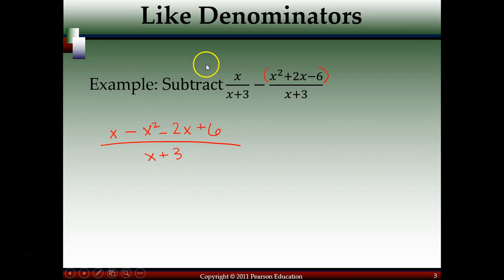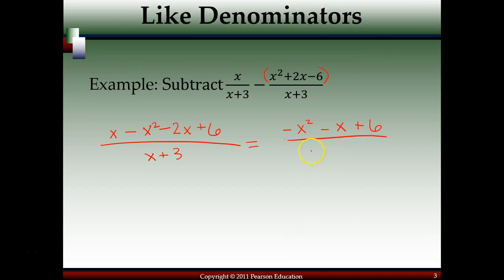And then after we're done combining together the like terms, then we're going to factor. So this right here is equal to negative x squared minus just x, because x minus 2x is negative x, and then plus 6.